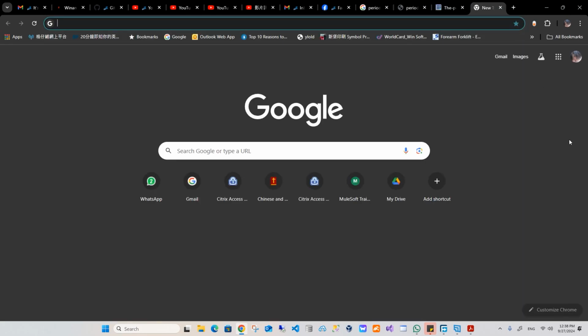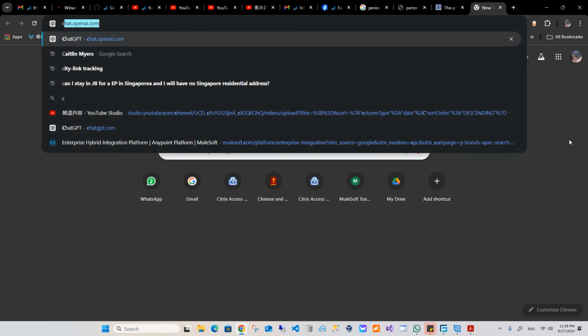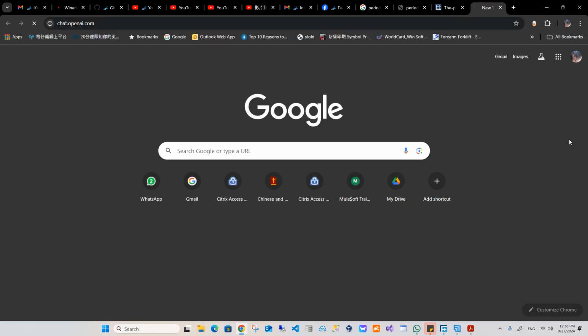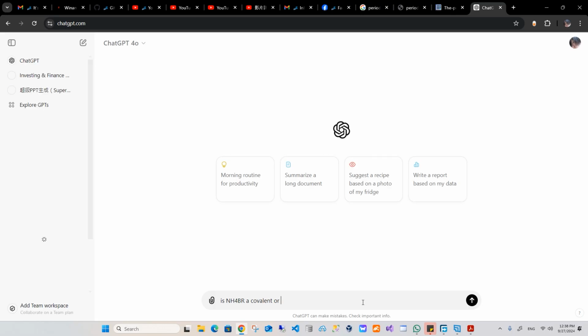Now check whether the paper is really set by some good teachers. Okay, so let me check with ChatGPT. Ask it, is NH4Br a covalent or ionic compound?